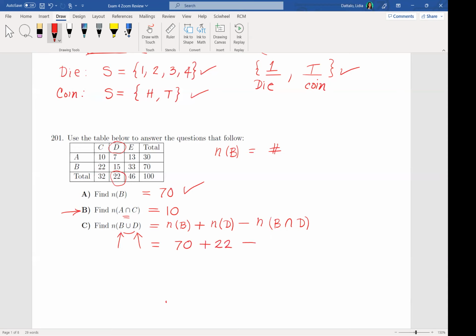And now the intersection of B and D. Here's B and here's D. So the intersection now is 15. Well, that just means 92 minus 15, which is equal to 77.